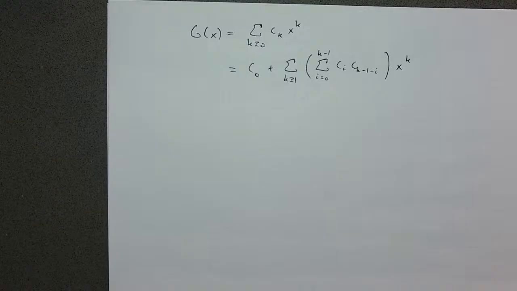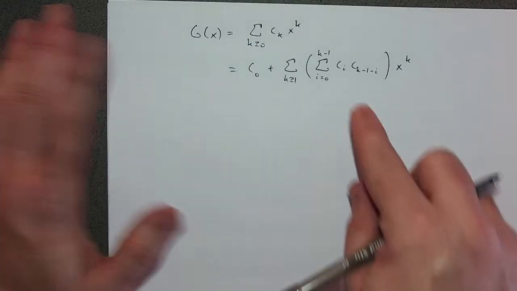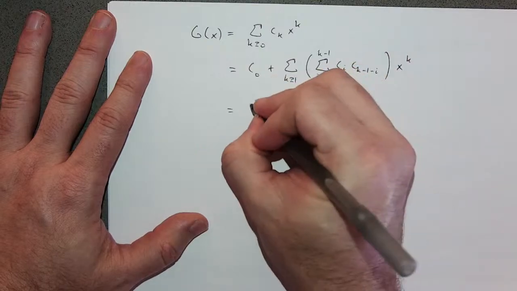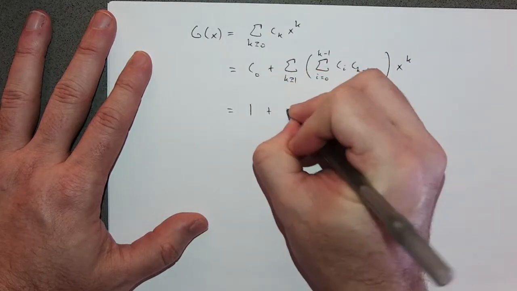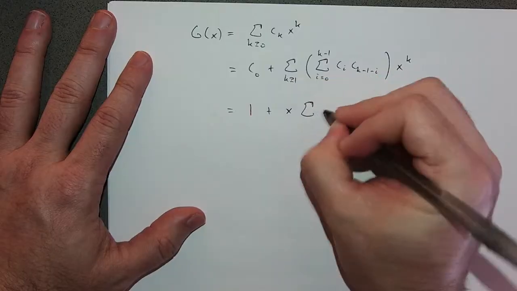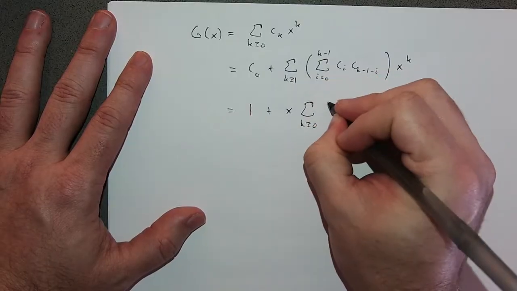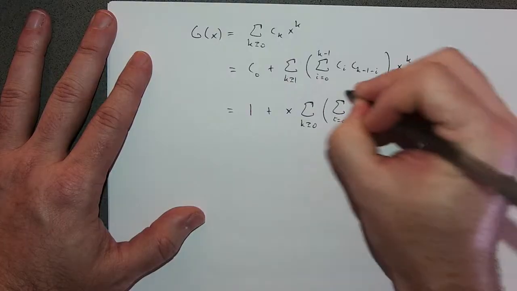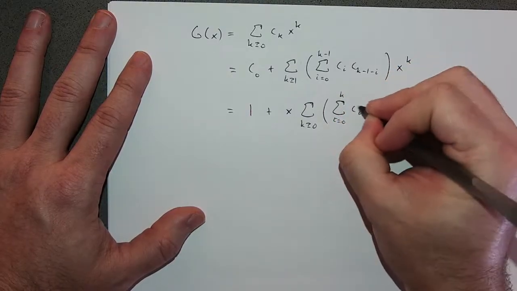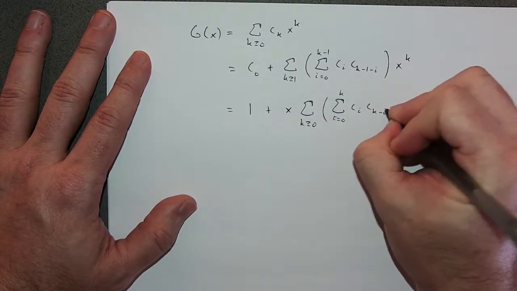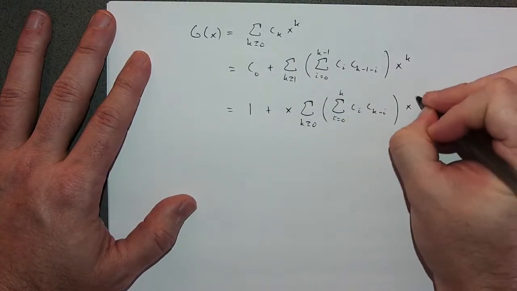Okay, now reindexing and pulling out a copy of x here. Of course, c naught is just 1, so this is 1 plus x times, I've reindexed here so that I'm starting at k equals 0, so this is the sum over k greater than or equal to 0 of the sum from i equals 0 to k of c sub i, c sub k minus i, x to the k.